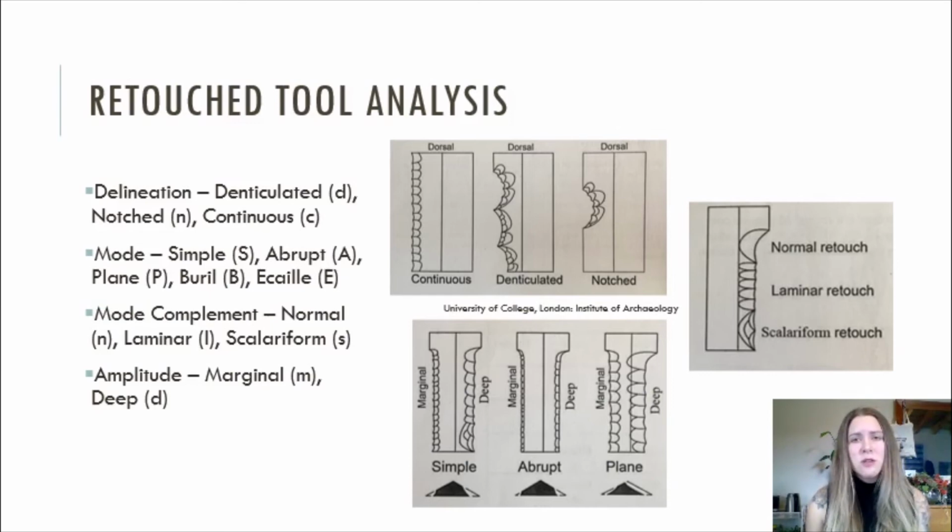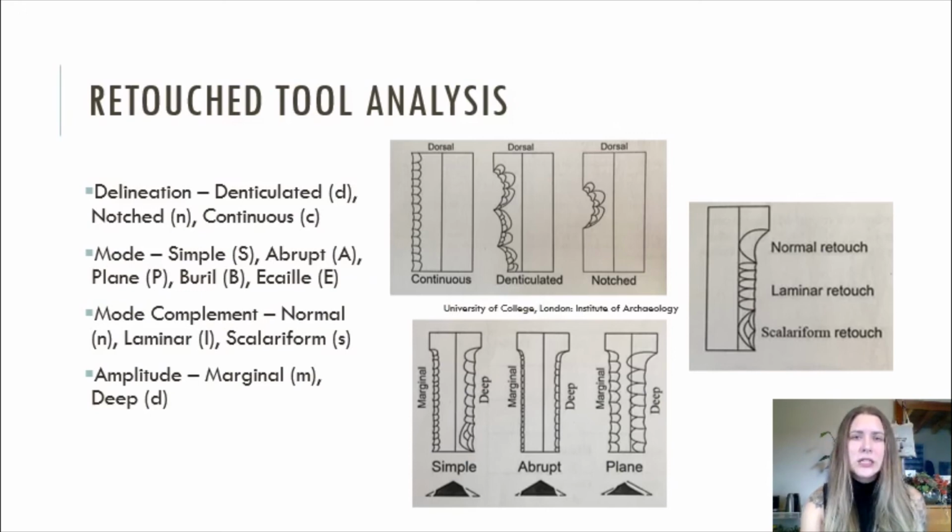Mode refers specifically to the extent of the retouch when viewing from the transversal section. Simple is the most common, with abrupt being used to indicate retouch that has a very abrupt edge angle, and plane is used to describe retouch that is more elongated across the surface area.